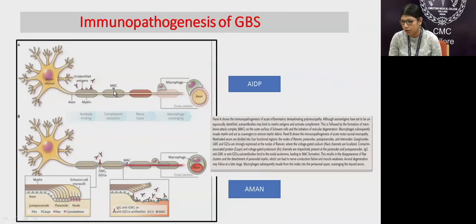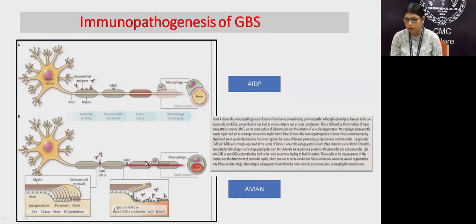Once the membrane attack complex is formed, there is the initiation of vesicular degeneration. Once the vesicular degeneration occurs, only then the macrophages come and take all the myelin debris and the axon debris. So because of this complement mediated membrane attack complex deposition, the myelin gets destroyed, and hence they cause the AIDP variant of the GBS.